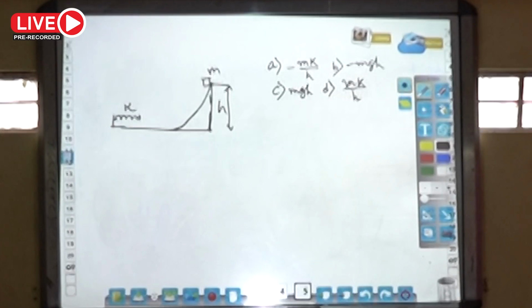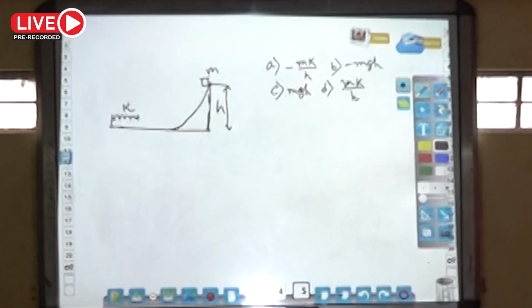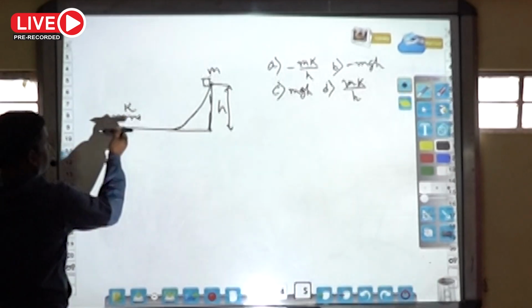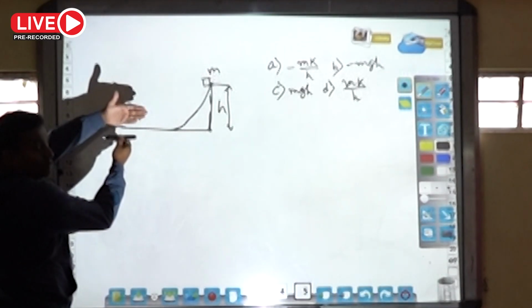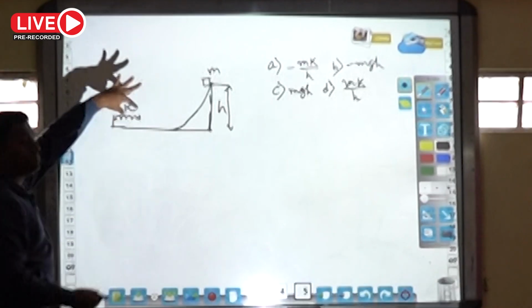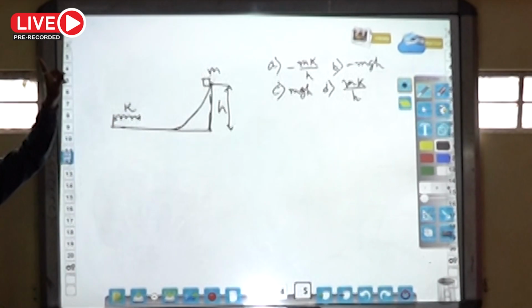But spring force is actually in the opposite direction of the displacement, so spring force must do negative work, because the spring is compressed. The displacement of the body is along this direction and the spring force is along this direction, so the spring force is opposite to displacement and is doing negative work.